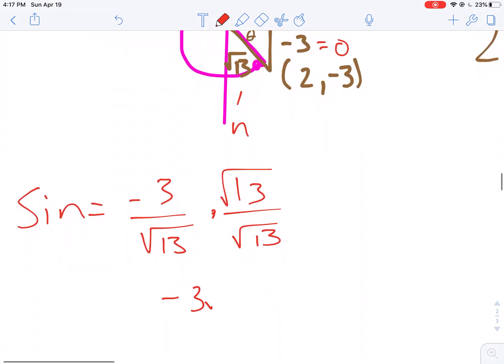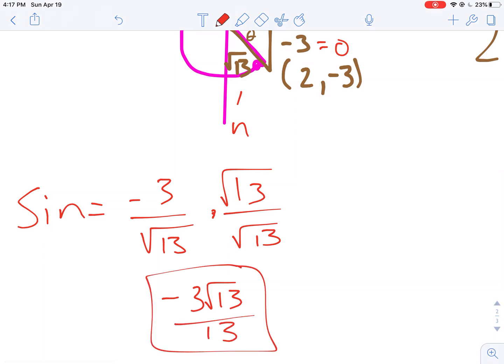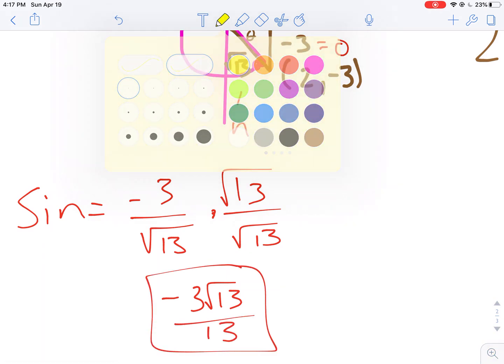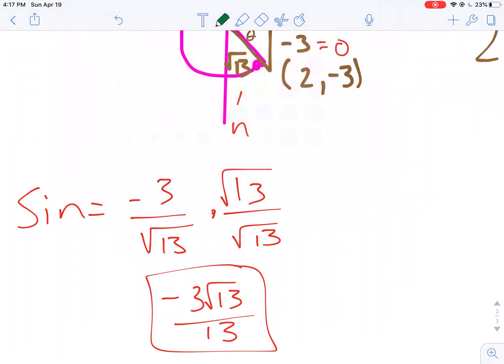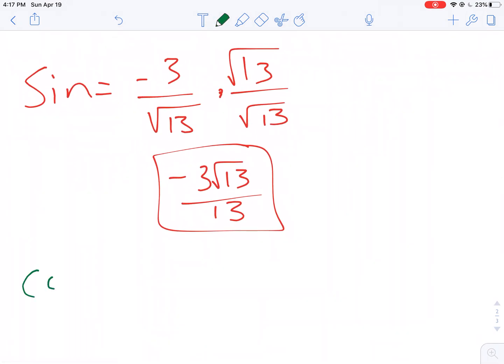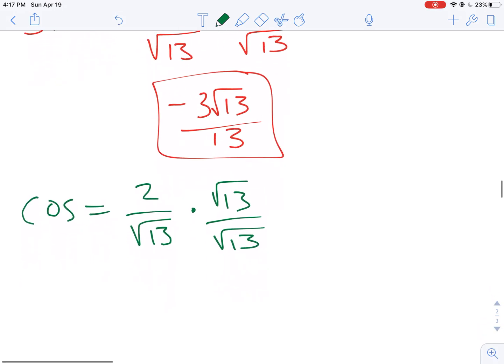I get -3 times the square root of 13 over 13, and that stops there. My cosine is going to end up being 2 over the square root of 13 because it's the adjacent over the hypotenuse, but then again I'm going to multiply to rationalize this hypotenuse out, so then I'll end up with 2 times the square root of 13 over 13.